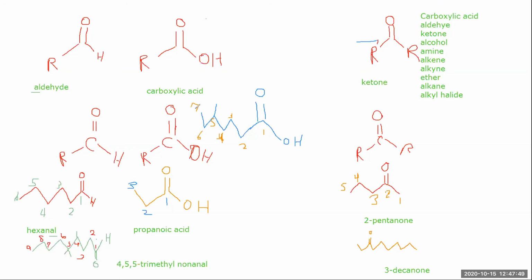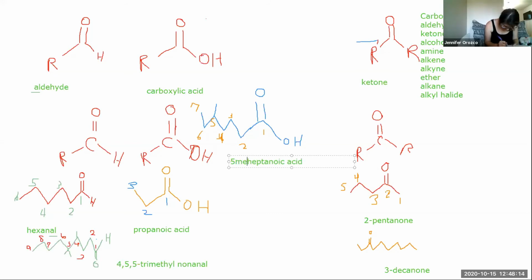So that would be the longest carbon chain, right? So it'd be heptanoic. Then it would have a 5 methyl. That's right. So it's 5-methylheptanoic acid.